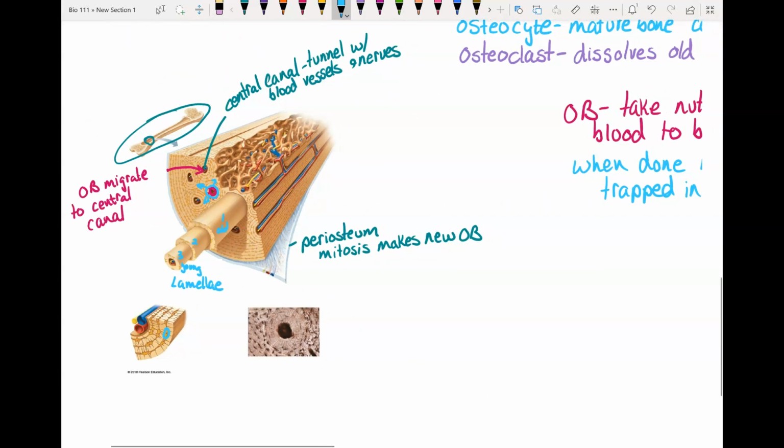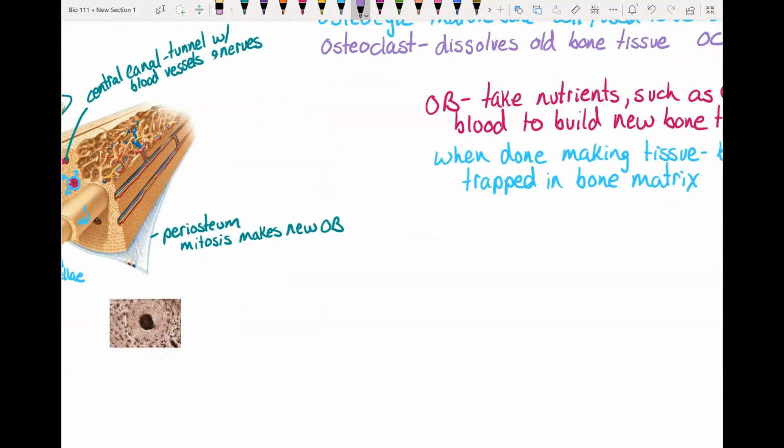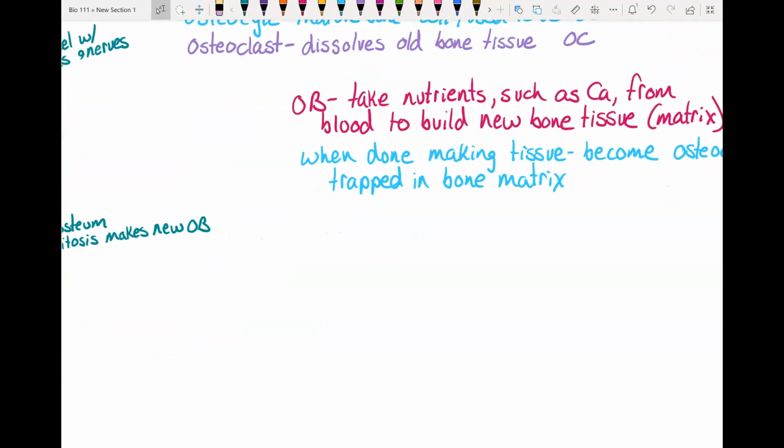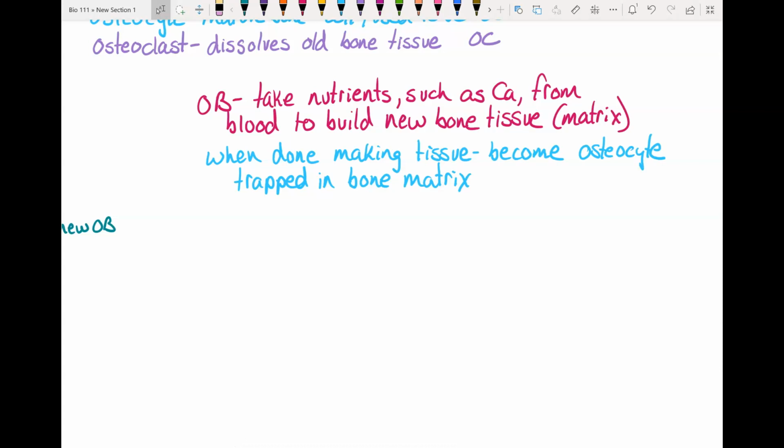So that is because of the action of the osteoclast. So the osteocytes are trapped in that bone matrix. They get pushed outward with each new generation. And when they get out to the edge, then that's when the osteoclast will dissolve the old bone matrix.